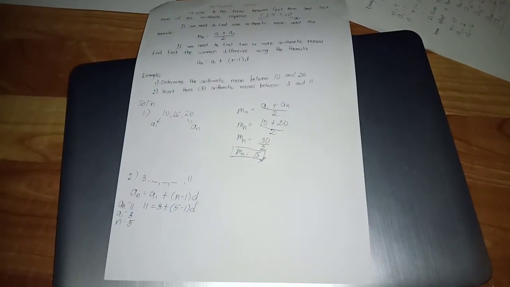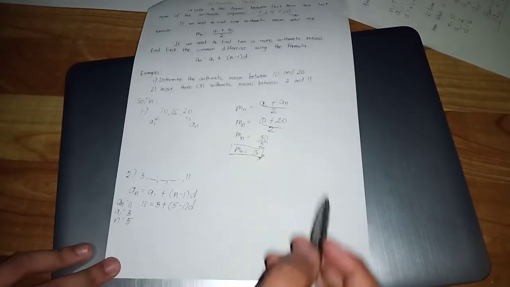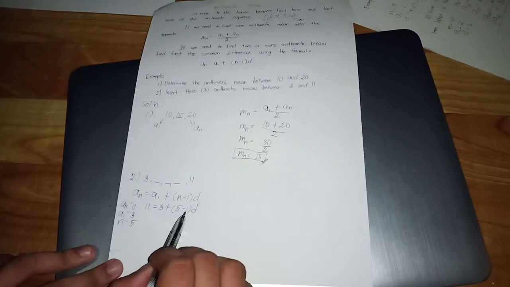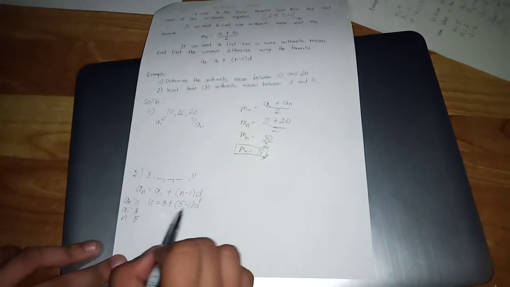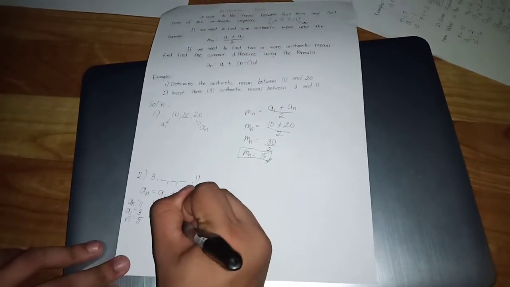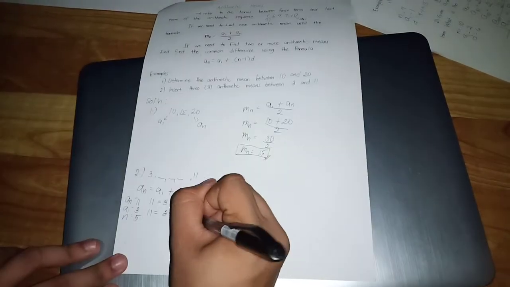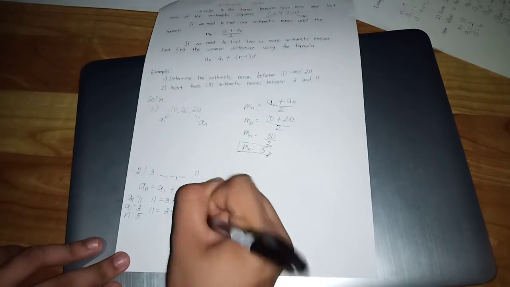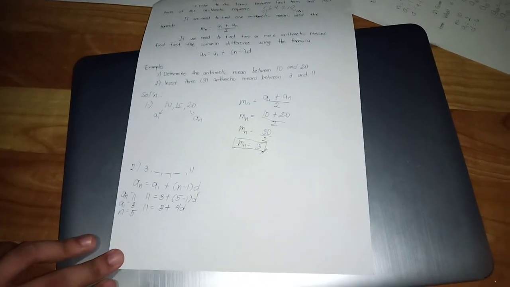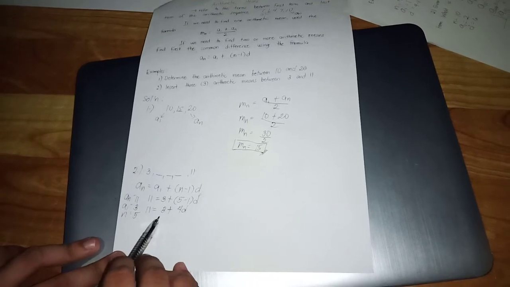Okay, so to simplify it, unahin muna natin simplify ang 5 minus 1, or yung expression na nasa loob ng ating parentheses. So, it will become 11 is equal to 3 plus 4 times D, or 4D. Then, right after that, ililipat natin or we will transpose 3 to the other side.